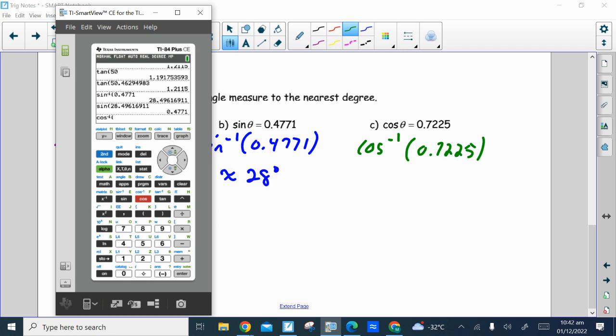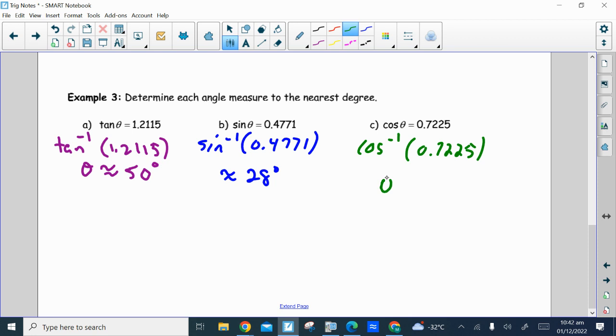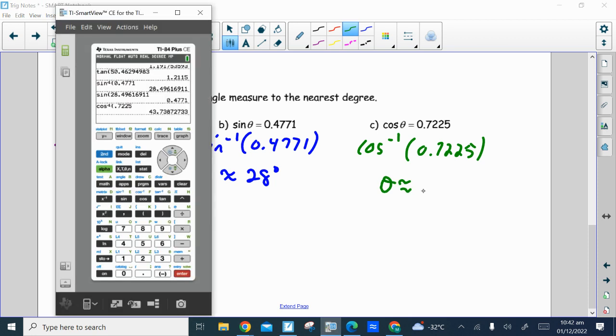Second function cos of 0.7225. So if I round this to the nearest degree, it would be 44 degrees. 43.7 means that the 3 rounds up to a 4. So theta is approximately 44 degrees.